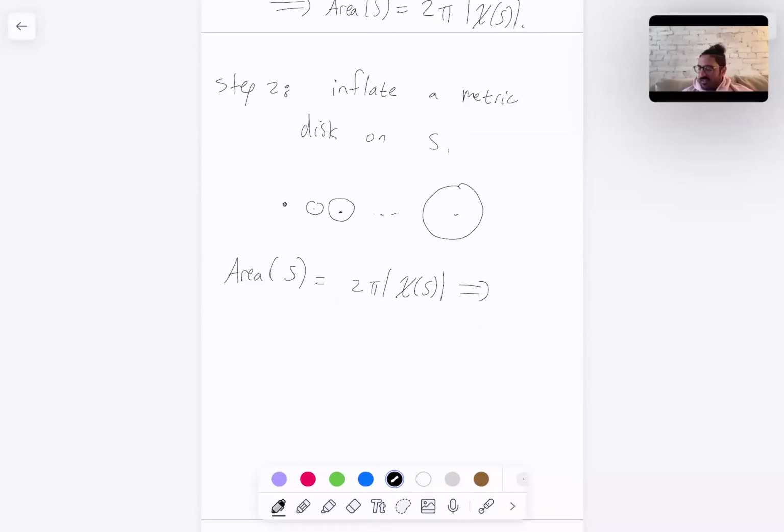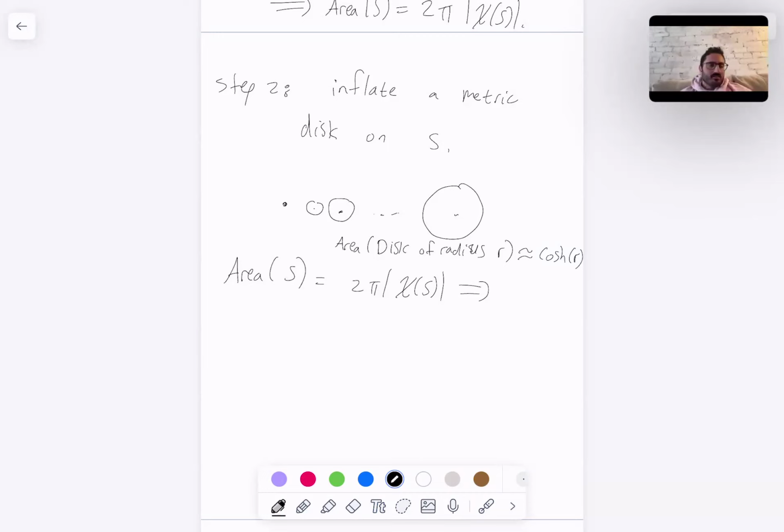The area of a hyperbolic disk of radius r, I forget the exact formula, but it's something exponential in r, some kind of cosh function, cosh of r, something like that.